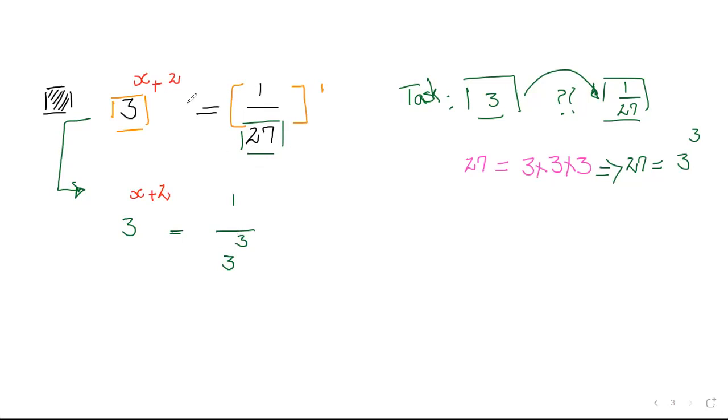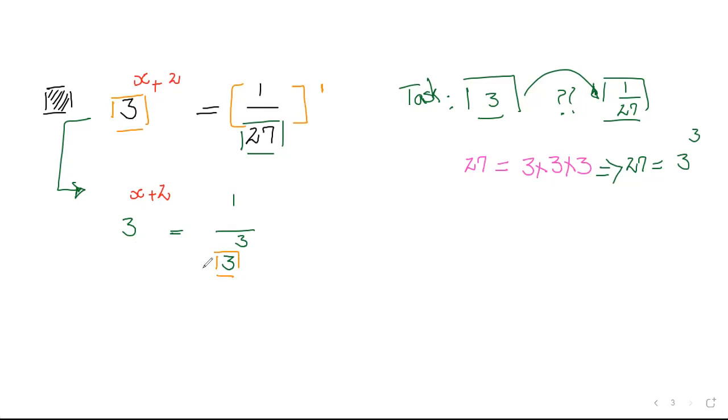It means that, now look at this. There is still a problem here. The base which I have on the left side is 3. The base which I have on the right side shows 3 in there, but this is in the basement. It is not exactly the same as the base on the left side.